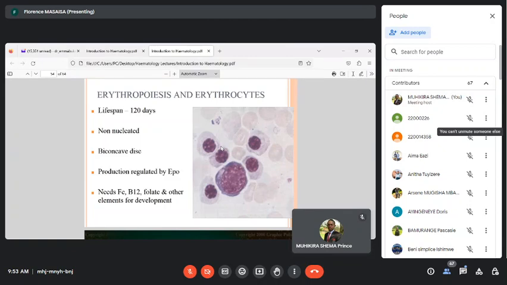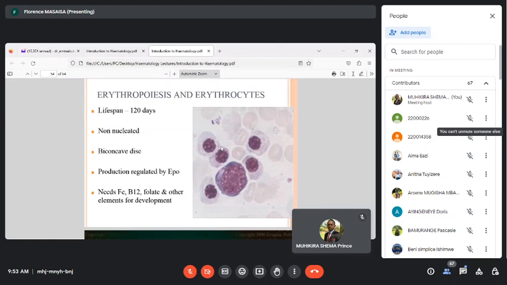The lifespan of the red cell is around 120 days. They are anucleated; they lose their nucleus during the process of differentiation. They have a biconcave disc shape, which helps them move smoothly through blood vessels, and they have elasticity, which also helps them move through the blood.